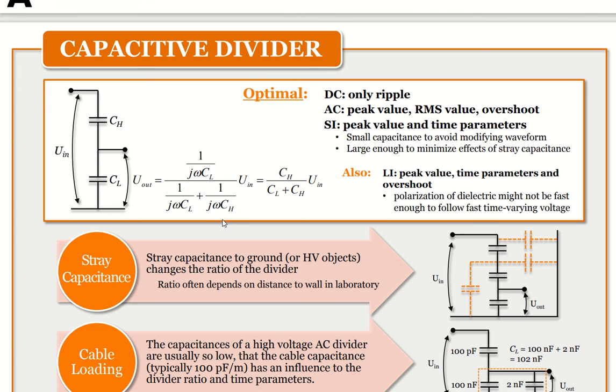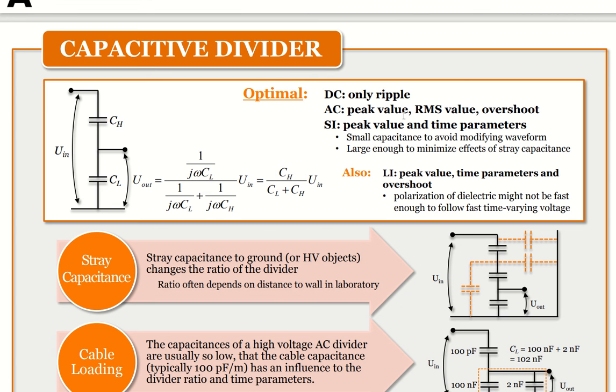Okay, or CH over CL plus CH. Okay, the output is only ripple.